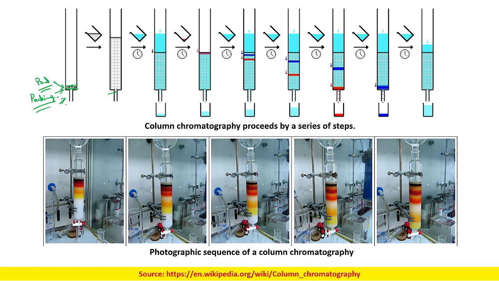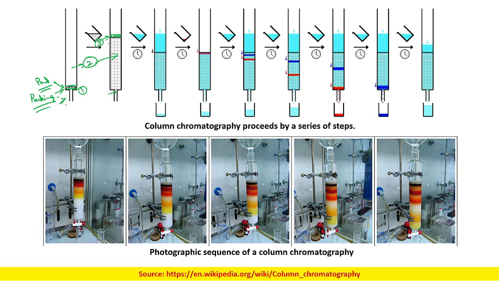After the padding is done, we add the stationary powder, the stationary adsorbent. After that, over this, another pad is added. This whole process, from putting up the lower pad to the addition of the stationary phase and subsequently the upper padding, is called the packing of the column.